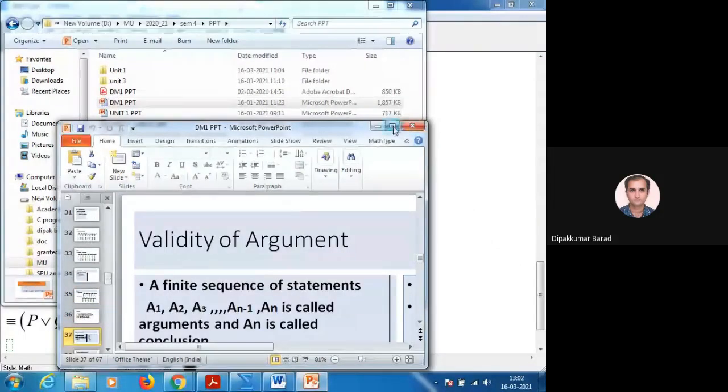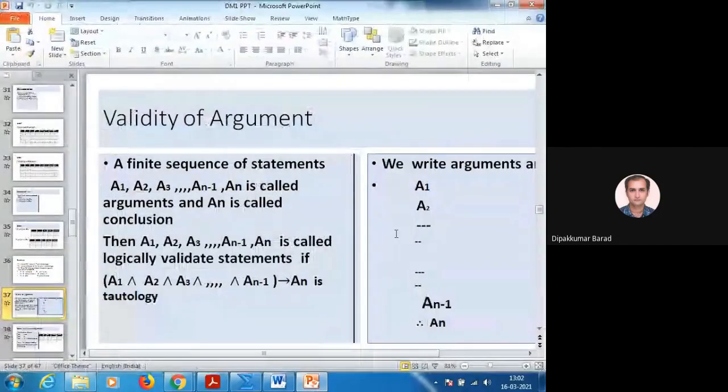Validate argument: a finite sequence of statements a1, a2, ..., a(n-1), and an is called an argument, and an is called the conclusion.